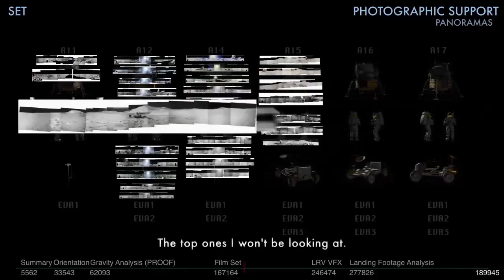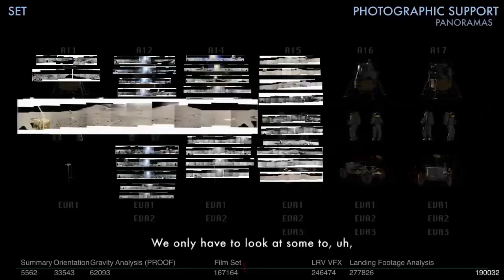I'm separating them here. The top ones I won't be looking at, the bottom ones I will be looking at.